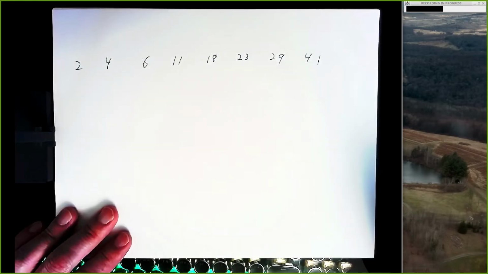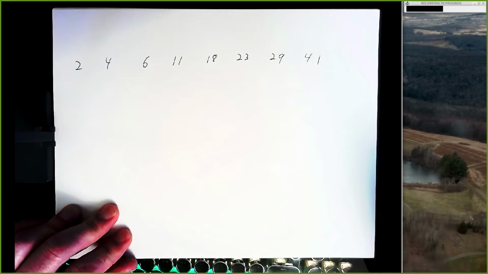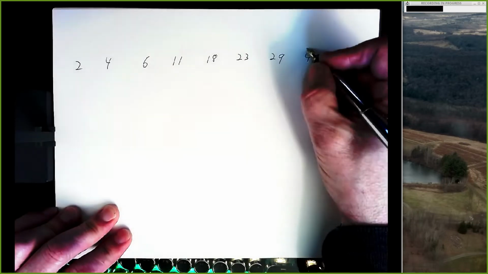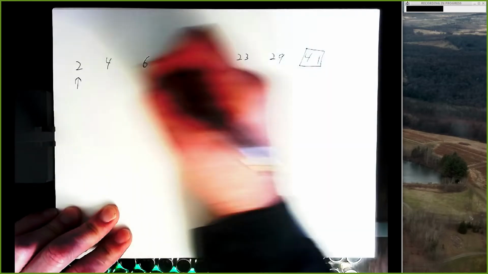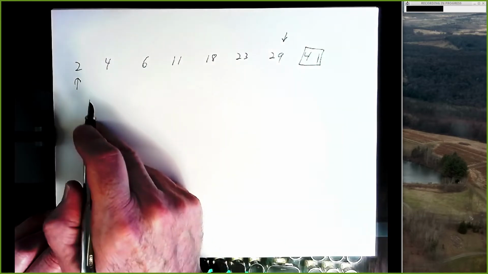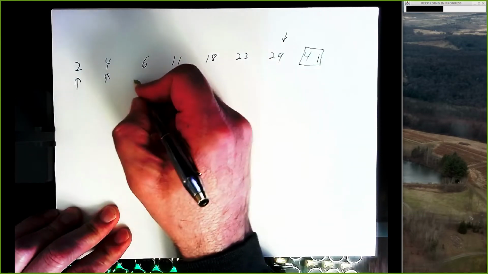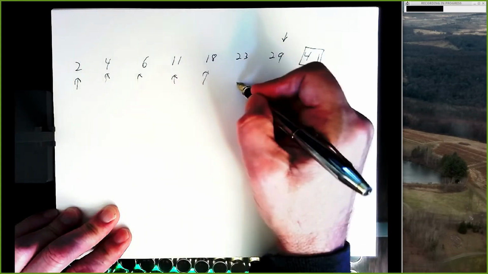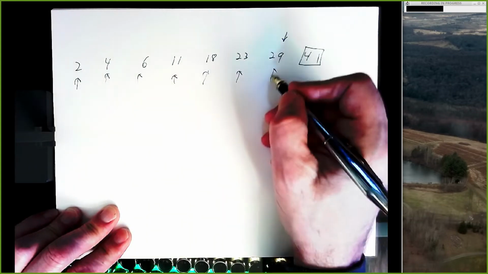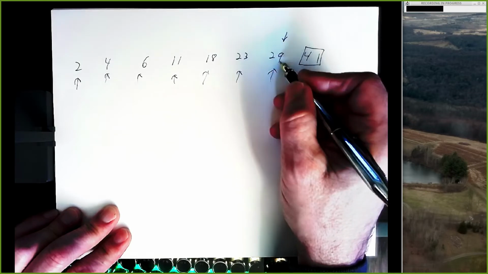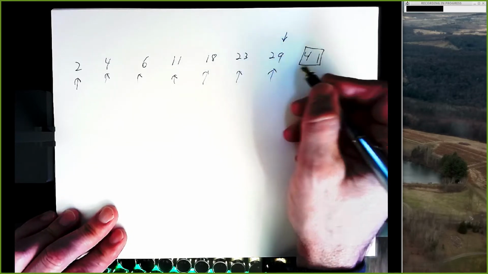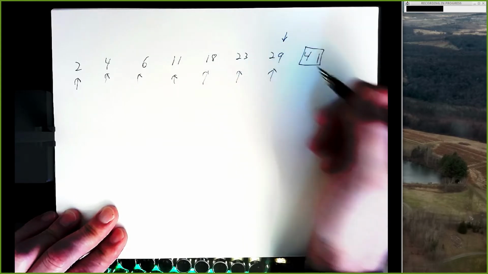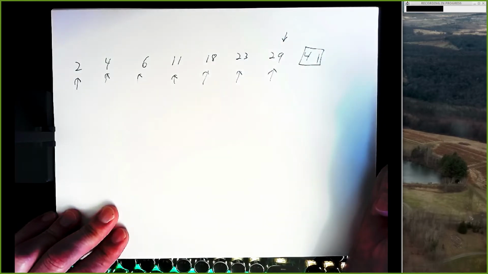If it's already in sorted order, you've got a problem, because if we make this our pivot, and we start here and here, and we're looking for things that are smaller than 41, well, this is good, good, good, good, good. Come up here, our arrows collide, and they collide moving from the left, right? So our pivot is in the correct location.